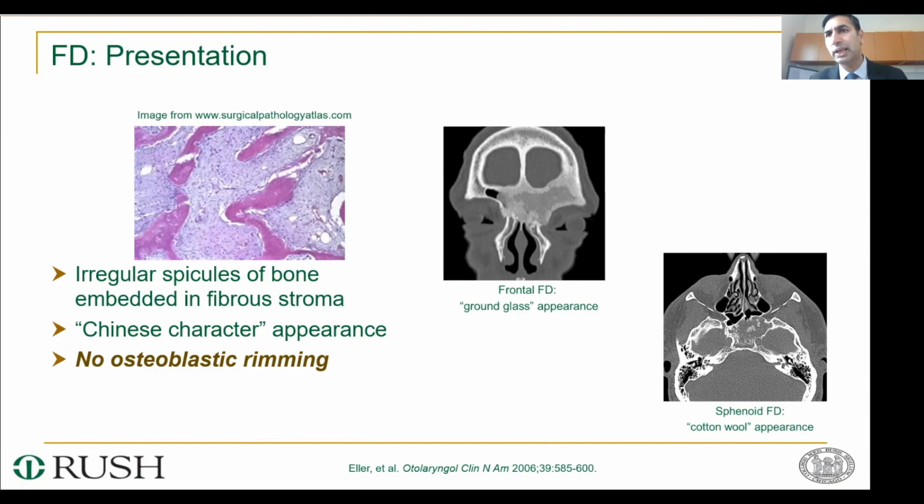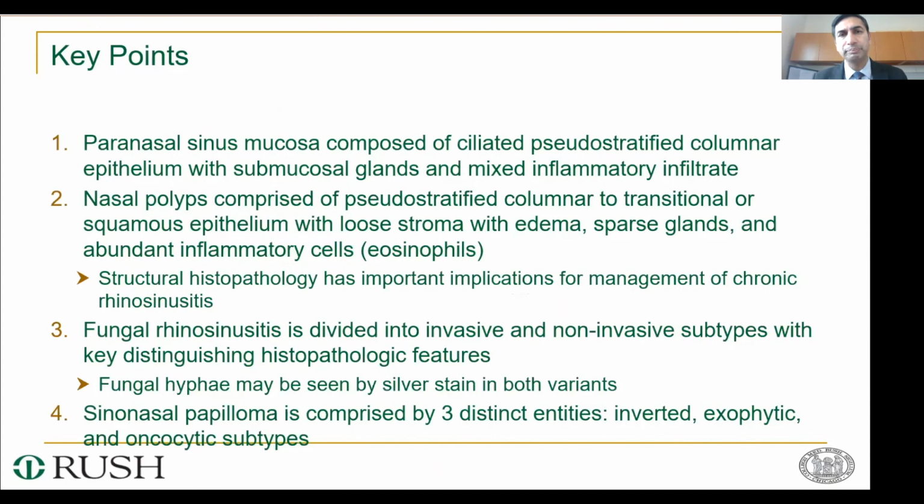Therefore, the majority of these cases can be observed, and you really don't need biopsies unless there are any equivocal findings on CT imaging or concern for a true neoplasm such as ossifying fibroma, which may necessitate biopsy for further patient counseling and formalizing a definitive treatment plan.